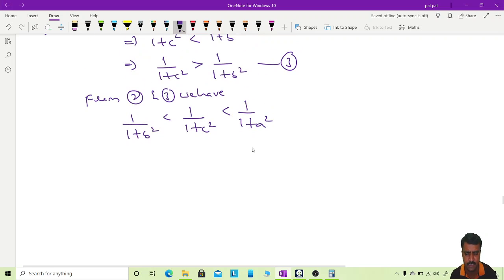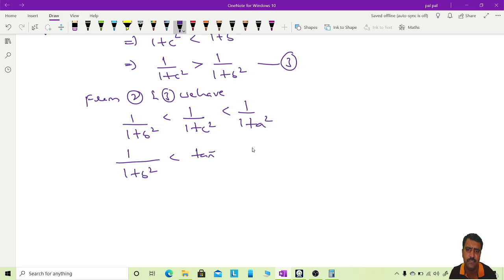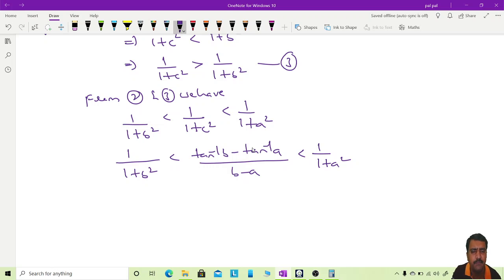Then 1 by 1 plus b square is less than tan inverse of b minus tan inverse of a, divided by b minus a, which is less than 1 by 1 plus a square. Now multiply all the terms by b minus a.